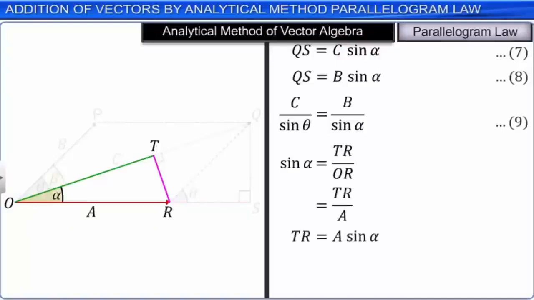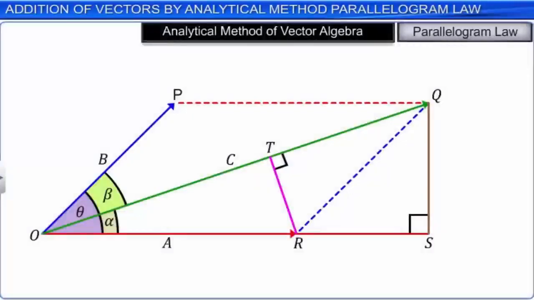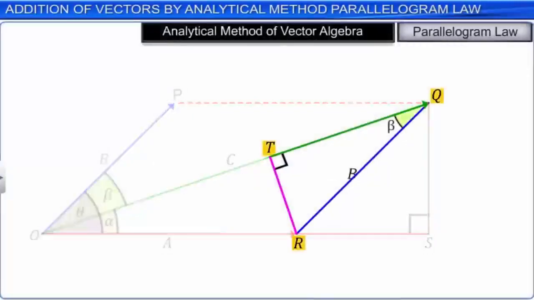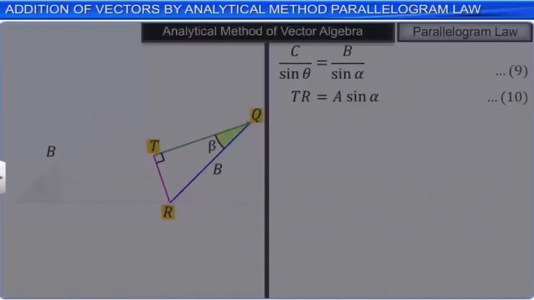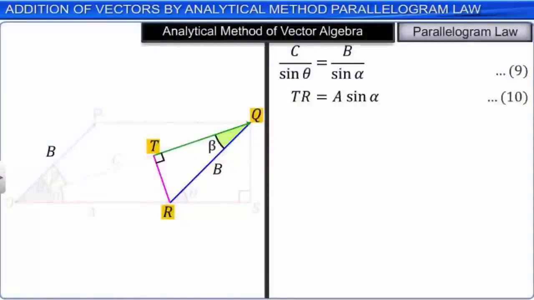Consider the next triangle QRT. From triangle QRT, we can write sin beta is equal to TR by QR, which is equal to TR by B. TR is equal to B sin beta.